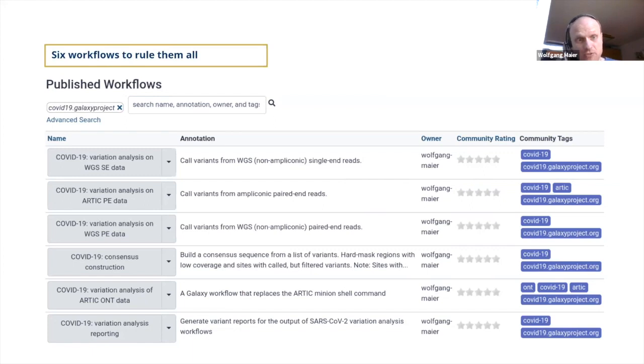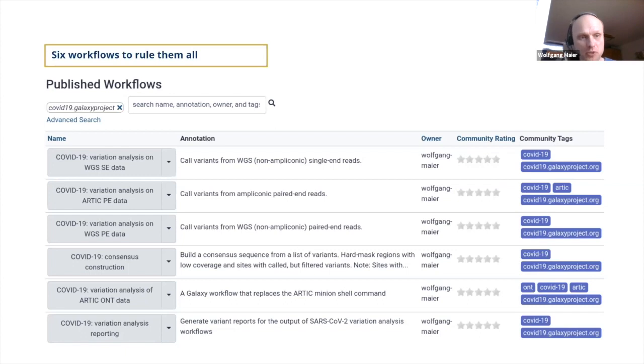One is the consensus construction workflow. So that builds, as the name implies, a consensus sequence from the called variants. And the other one is the reporting workflow, which builds custom tabular reports and plots of the data that are just better to parse for humans than VCF is.